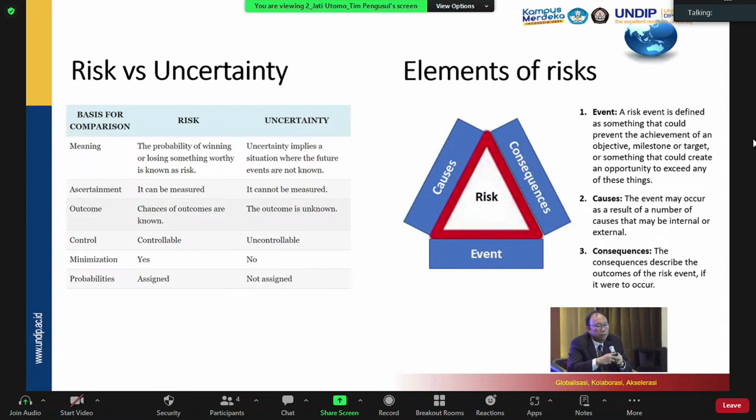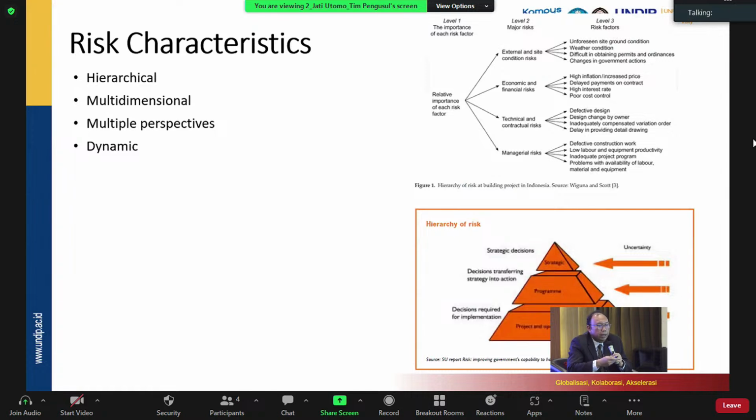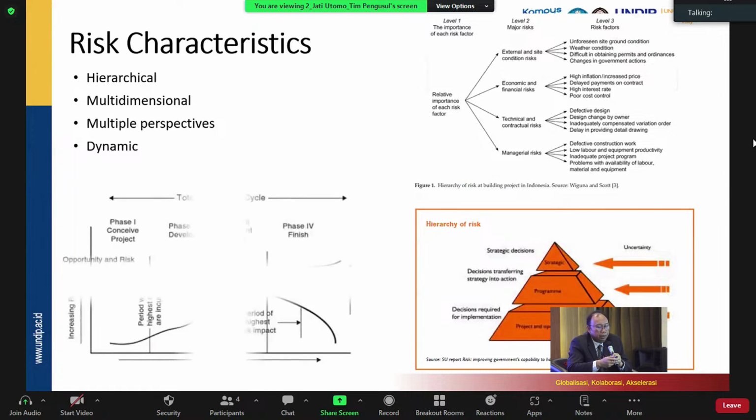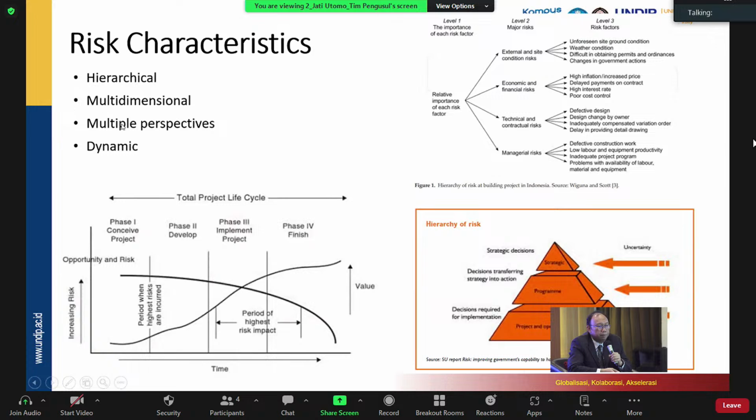These are normally the three things we look at when we are talking about risk. And the risk characteristics: it is hierarchical, multidimensional, and has multiple perspectives and dynamics.